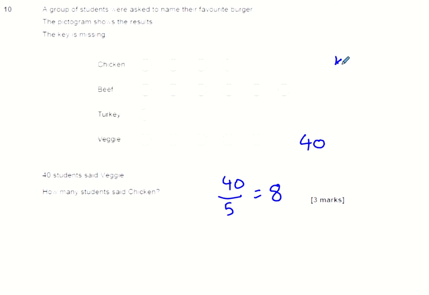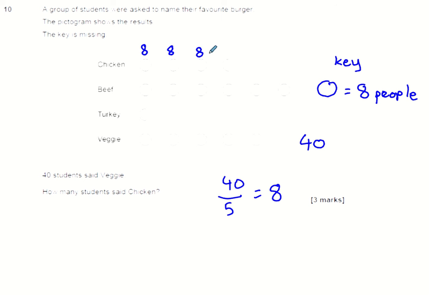This question doesn't ask you to draw a key, but I'm going to put one in so it's very clear that a full circle represents 8 people. Now we need to say how many students said chicken. So if we look up at the chicken, we have got a full circle which is represented 8 people, another one, and a third one.